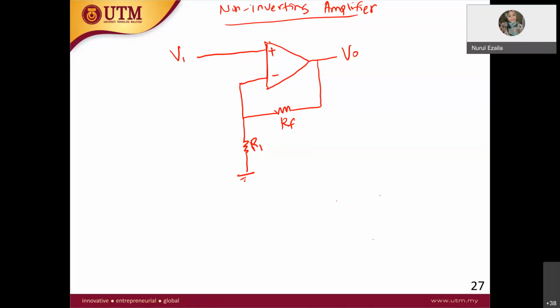First thing is V plus is equal to V minus. In this case, you have here V plus and here V minus. The second one: when V plus equals V minus, equal to what actually?